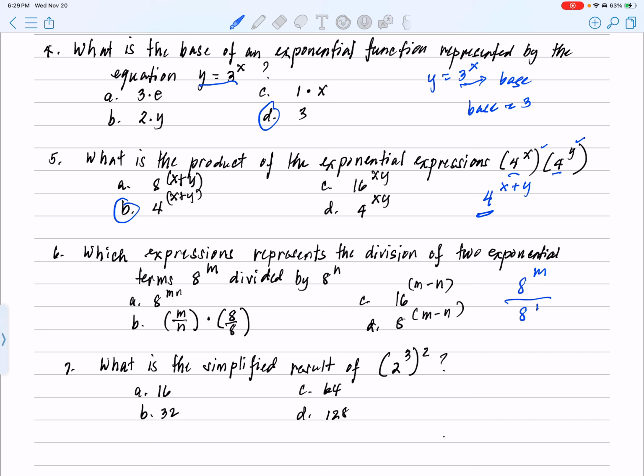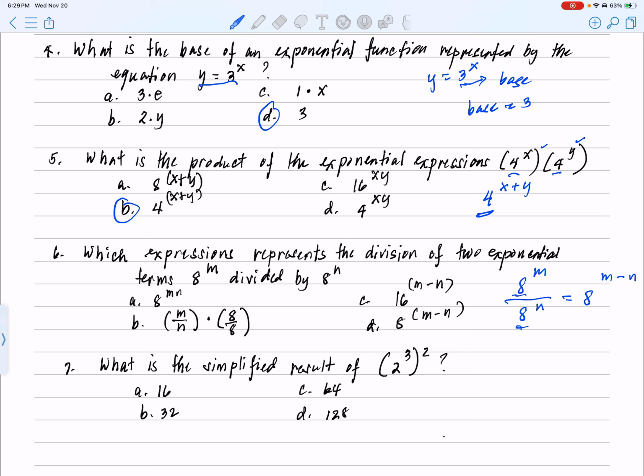Remember that when dividing two expressions with the same base, so our base here is a, so they are the same, you subtract the exponent. That means keep the base as is and subtract the exponent. The numerator exponent is m minus the denominator exponent n. So which of these gives us the right answer?